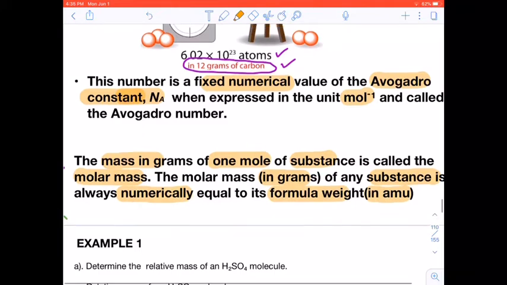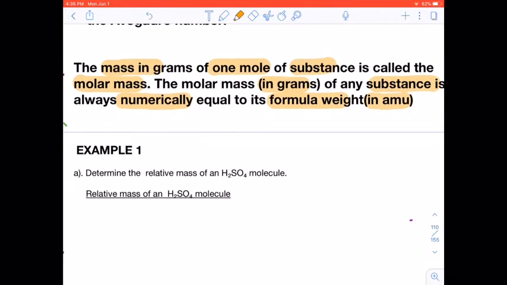So here now we say determine the relative mass of an H2SO4 molecule. If you want the relative mass of an H2SO4 molecule, how do we get that? We know H2, so it's 2 of H, there's 1 sulfur, plus 4 of oxygen.